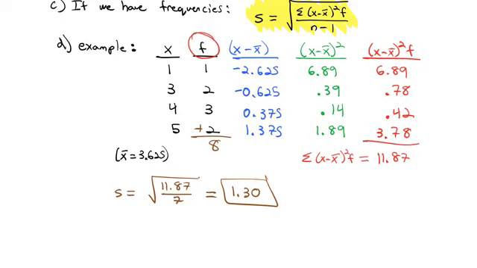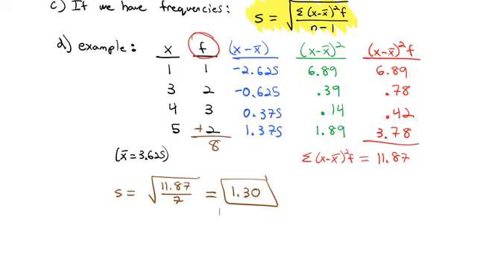So on average, these points are about 1.30 units away from the mean of 3.625. It gives us an idea of the middle and how spread out the data actually is.